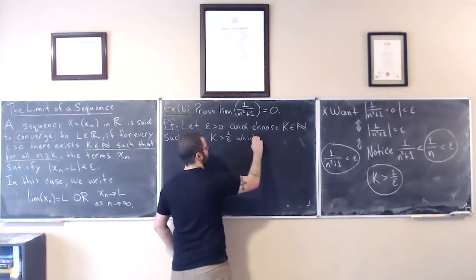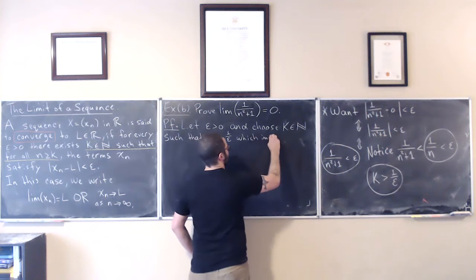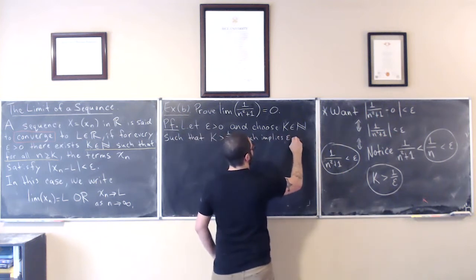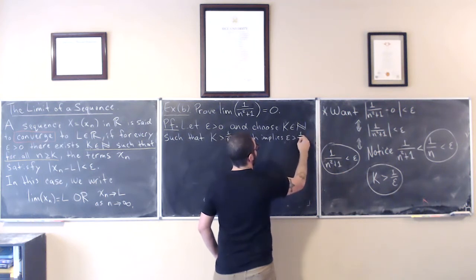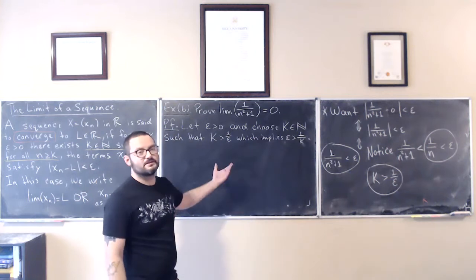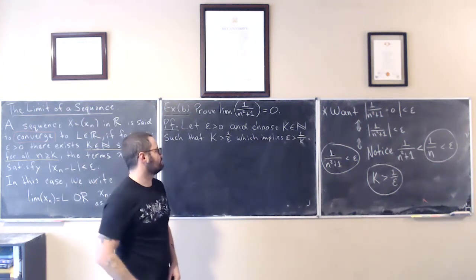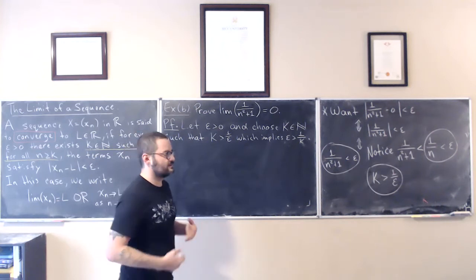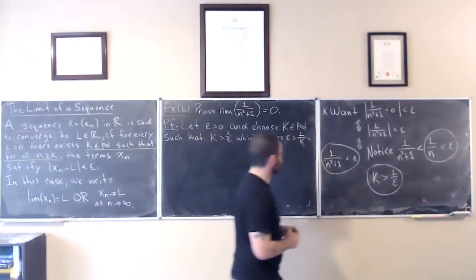Let's write this out, which implies that epsilon is strictly greater than 1 over k. I didn't write that last time, but just to make it clear, the more clarity that you have in your proof writing, typically the better.